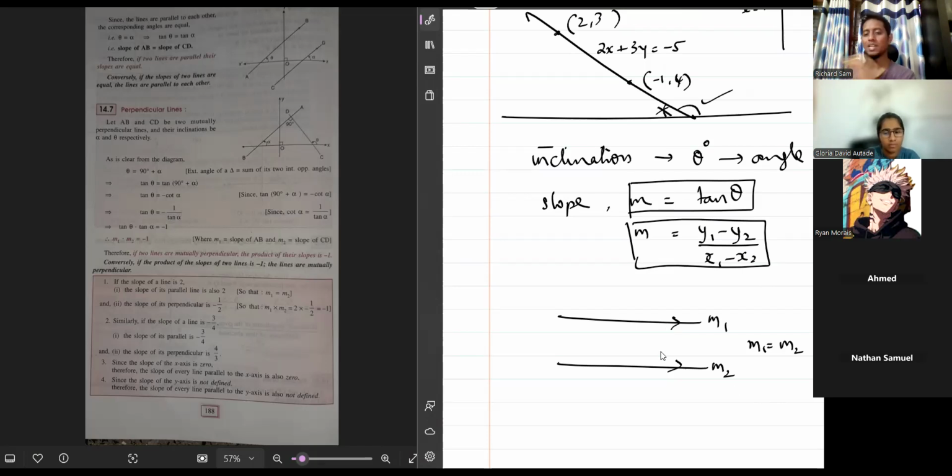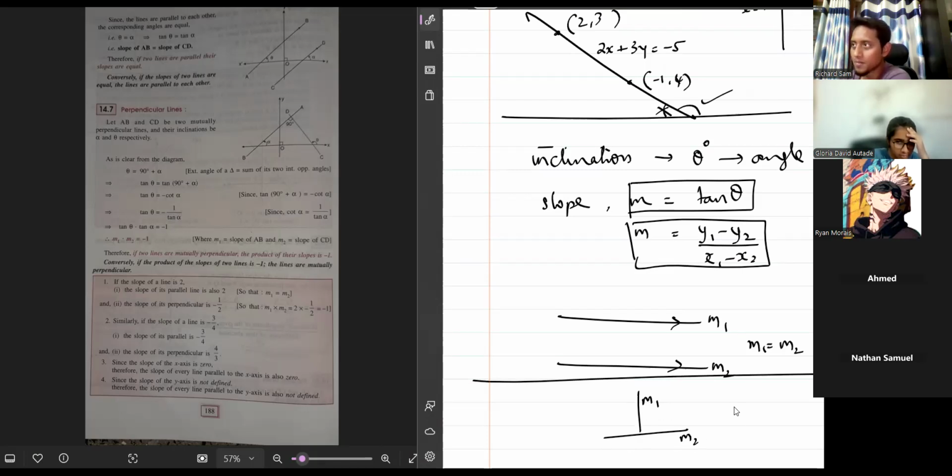So if both the lines are like this, then their slopes are equal. If two lines are parallel to each other, their slopes are equal to each other. That clear, Aman? And second, if both the lines are perpendicular to each other, if this is M1 and this is M2, then how are their slopes related? M1 into M2 will be equal to minus 1. That is the relationship between their slopes.